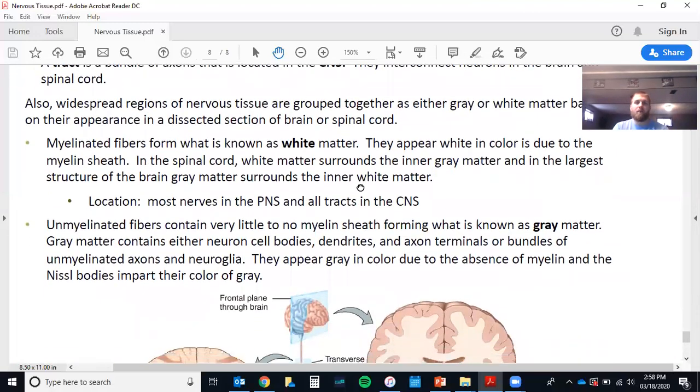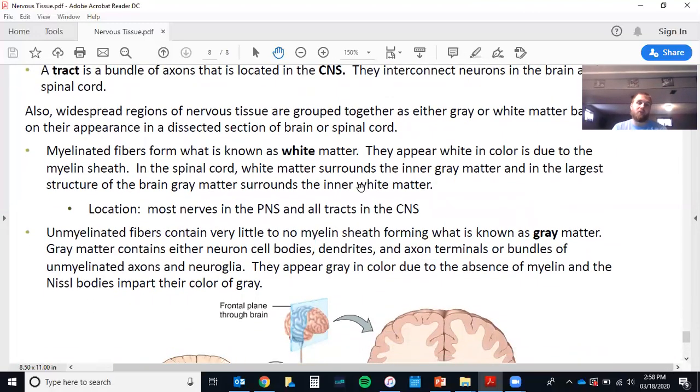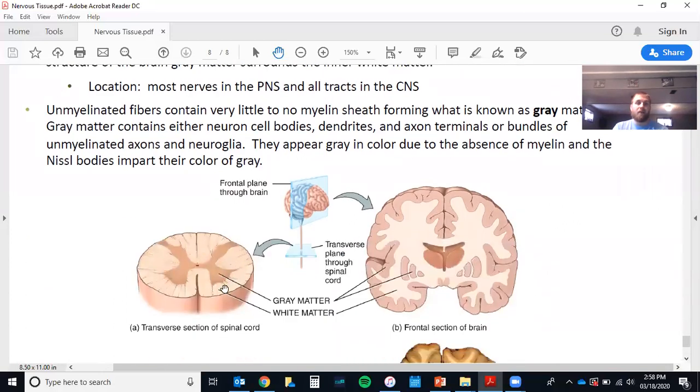But the reason that white matter and gray matter exist is because of myelination or lack thereof. Myelinated fibers within the brain and spinal cord are what elicit that white matter. In the spinal cord, it's on the outside, and in our brain, it's on the inside, the deeper portions of our brain. And that's the case for what we call the cerebrum, and then the other big portion of our brain, what we call the cerebellum.